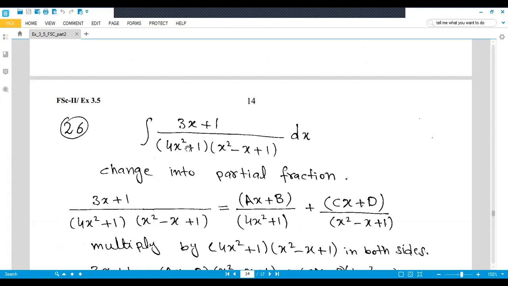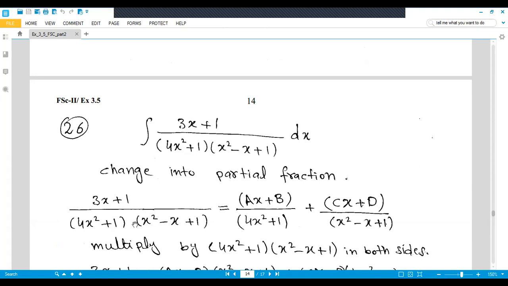26, (3x plus 1) over (4x square plus 1) and the quadratic x square minus x plus 1. Again, this is a quadratic term, x square minus x plus 1. So change into partial fraction: (ax plus b) over the first term 4x square plus 1, and (cx plus d) over the second term x square minus x plus 1.